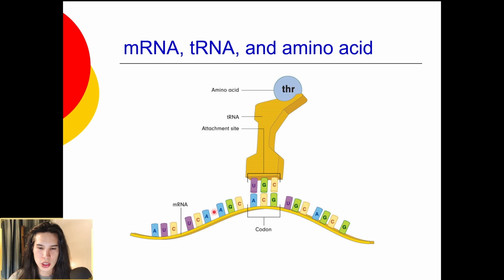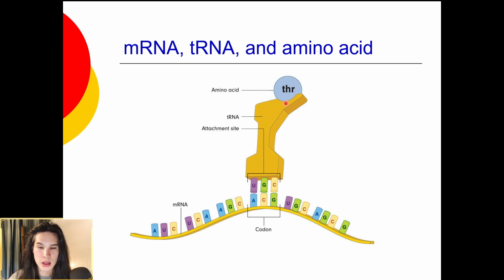So here is just showing, if you have an ACG, and we'll pretend like the ribosome is right behind this, your appropriate tRNA carrying the appropriate amino acid is going to come, and the anticodon is going to bind to the codon, and it's going to allow that ribosome to shift forward.